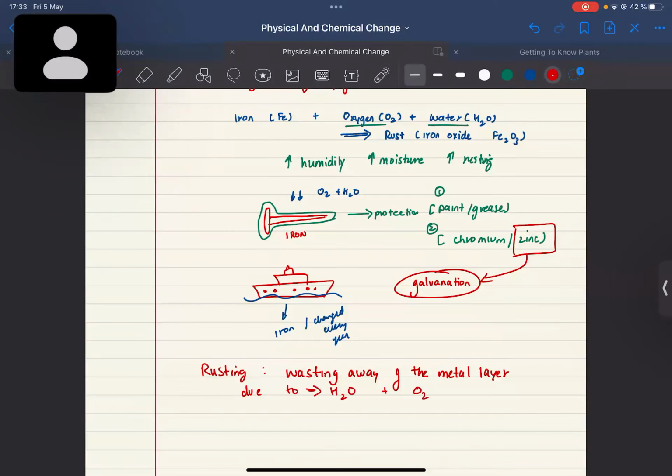This is also known as corrosion. It is a slow destruction of the materials.